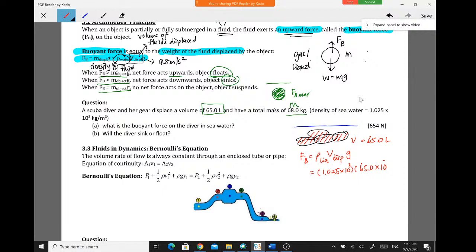Anyone? Negative 3, yes. Convert to SI, very good. Convert to SI unit, meter cube. g is 9.8.